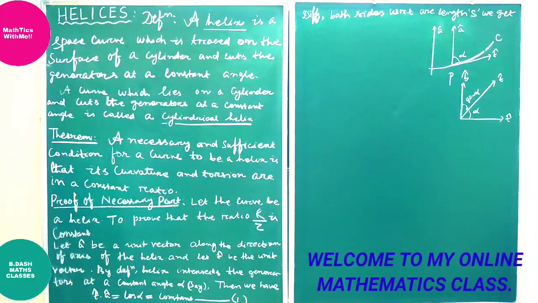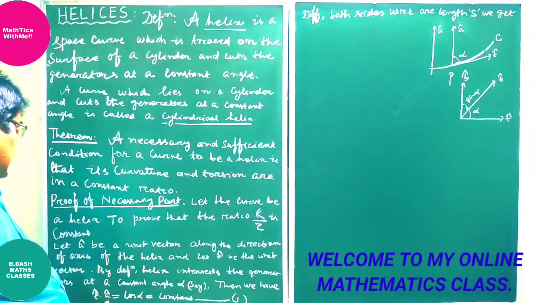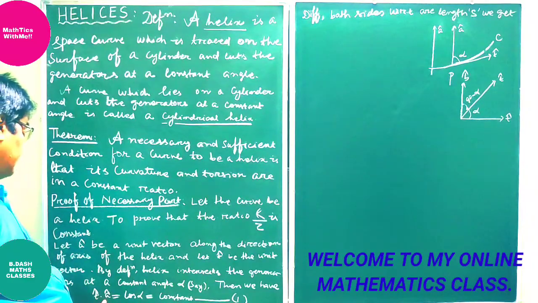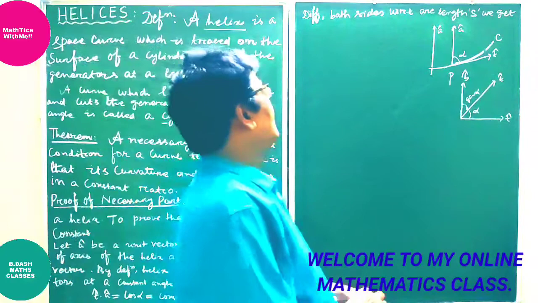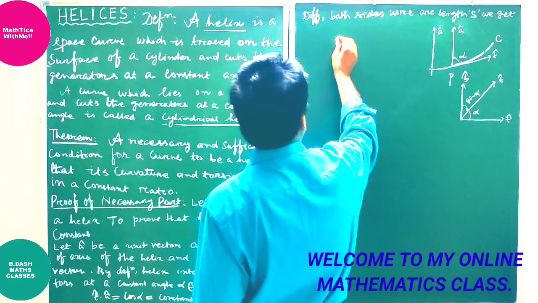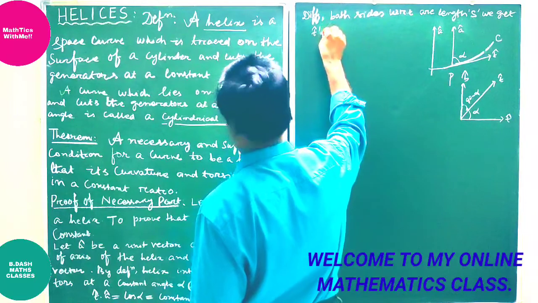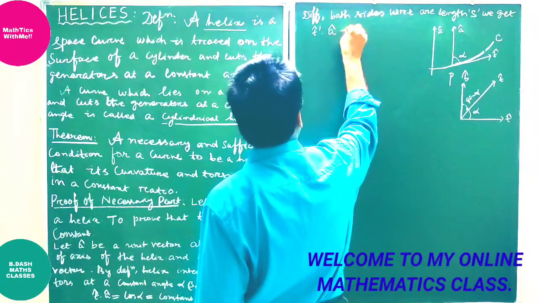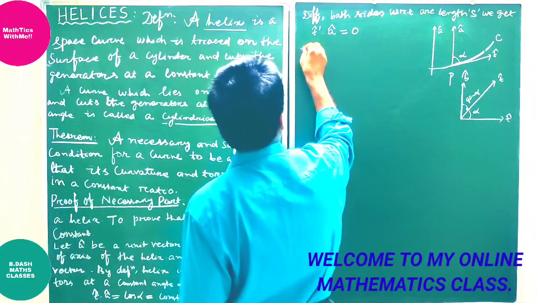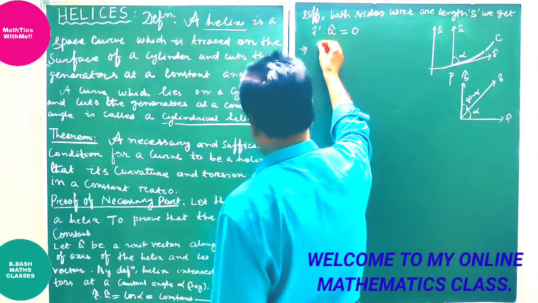By definition, helix intersects the generators at a constant angle alpha. Then we have the scalar product t cap dot a cap is equal to cos alpha, constant. Now differentiating both sides with respect to arc length s, we get t cap dash dot a cap is equal to 0. But by Serret-Frenet formula, t cap dash is kappa n cap.